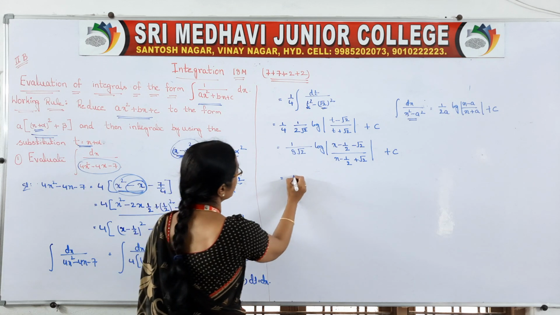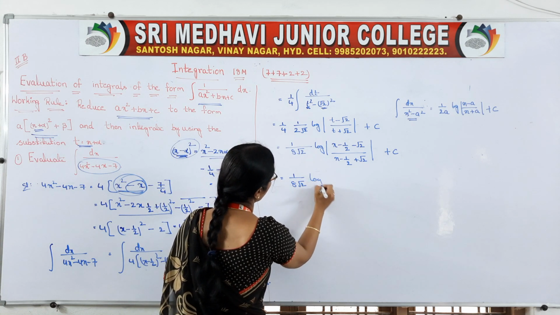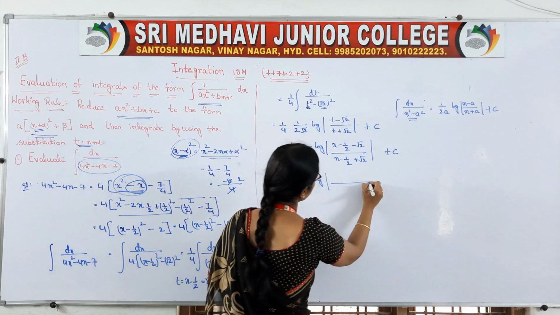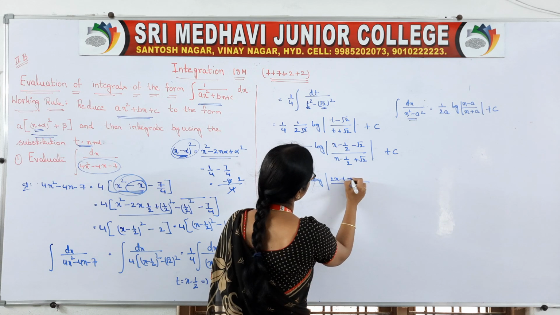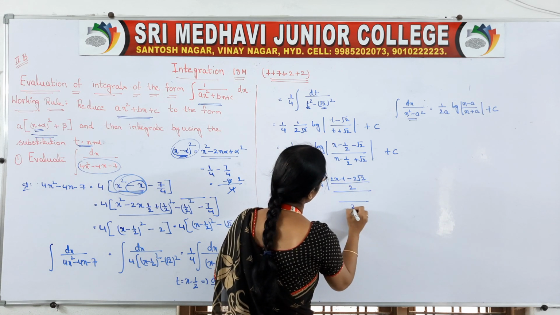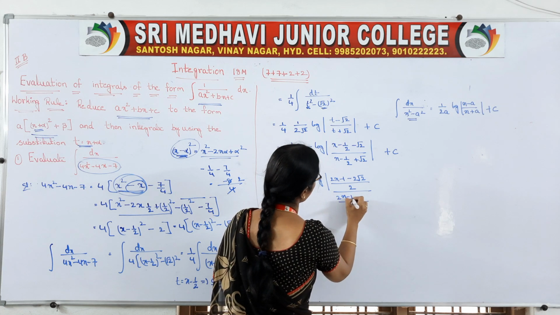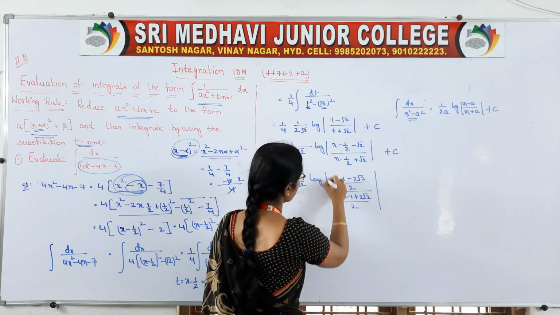So it is equal to 1 by 8 root 2 log of, take the LCM. LCM is 2. So it is 2x minus 1 minus 2 root 2 by 2x minus 1 plus 2 root 2. Modulus is there.